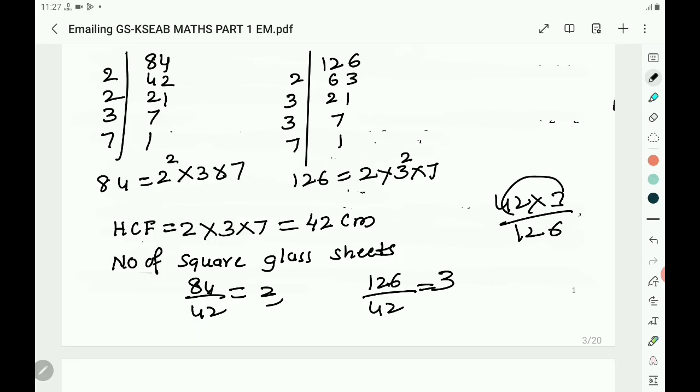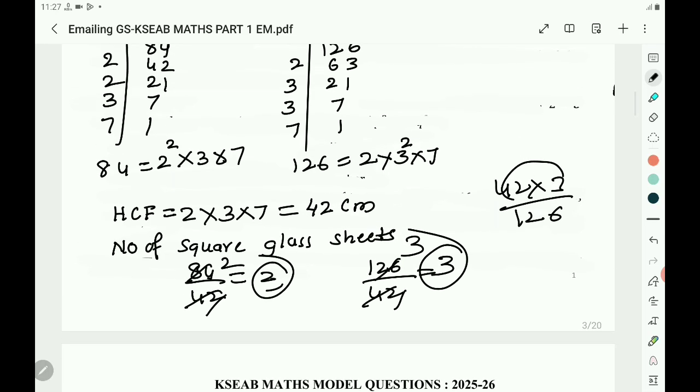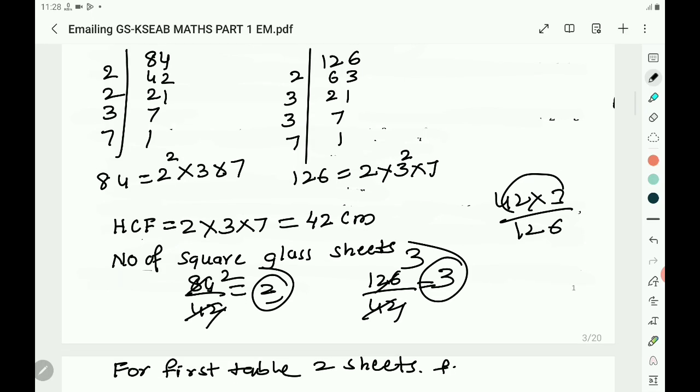So the first table requires 2 sheets, the second table requires 3 sheets. Right? For the first table, two sheets. For the second table, 3 sheets.